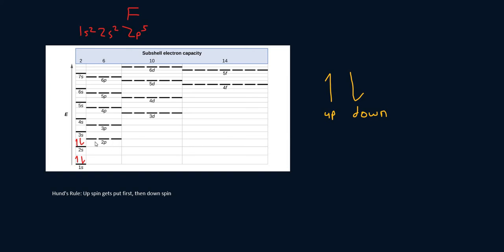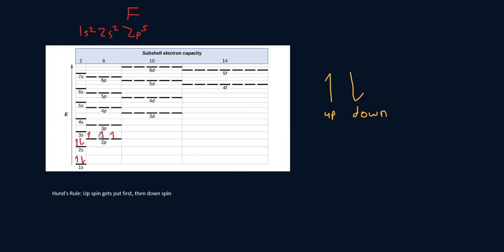And now we're at the last one, which is 2p. So we have 2p5, which means we're going to have 5 total arrows for this row. So I'm going to fill it up one at a time, starting with the up spin. So 1, 2, 3. So I've gotten 3 done, and I've gotten each slot filled up with an upspun electron, which is in line with Hund's rule.